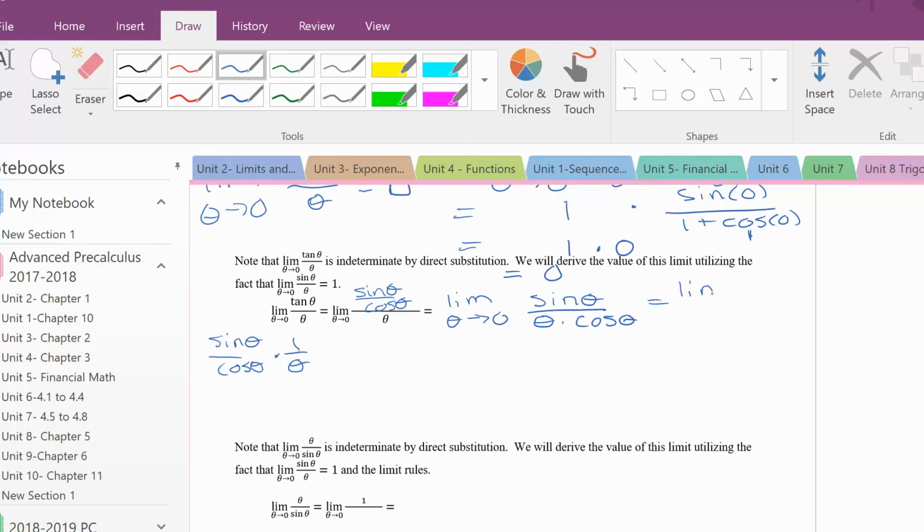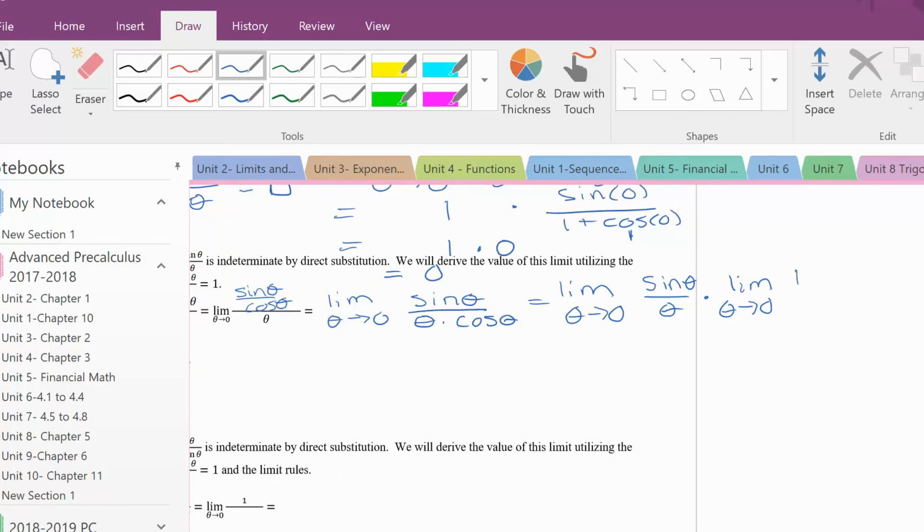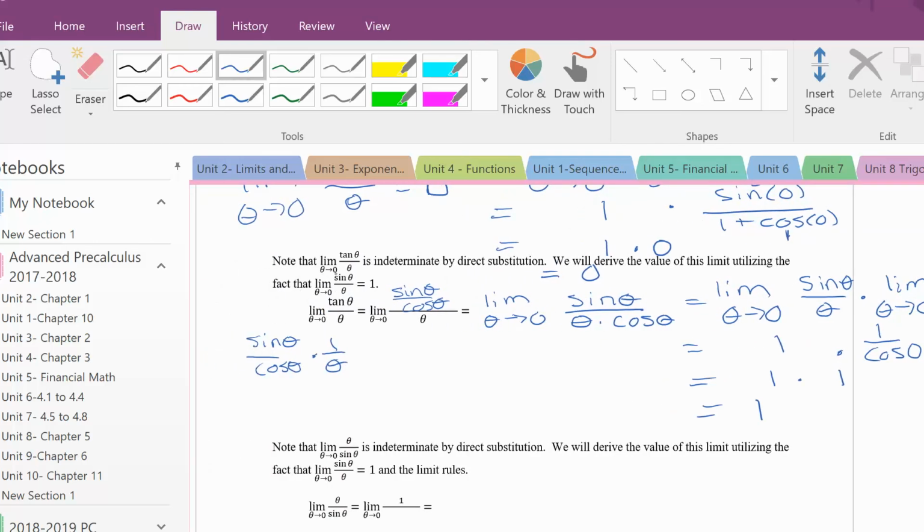That equals the limit of sine theta over theta times the limit of 1 over cosine theta. Well, here the limit is 1. And then here the limit of 1 over cosine of 0, well, cosine of 0 is 1, so that's 1 times 1, which is 1. So the limit as theta approaches 0 of tangent theta over theta is 1.